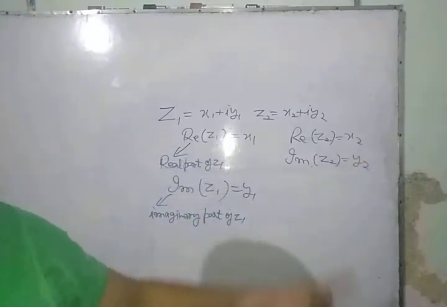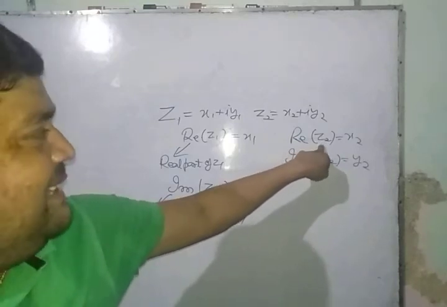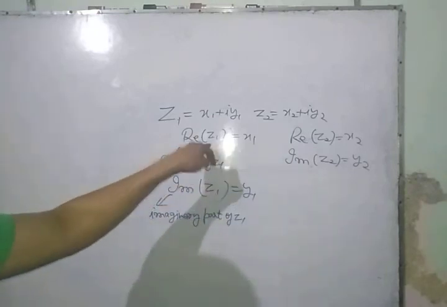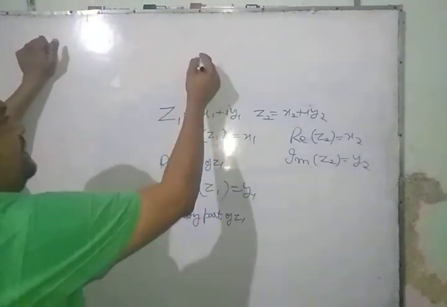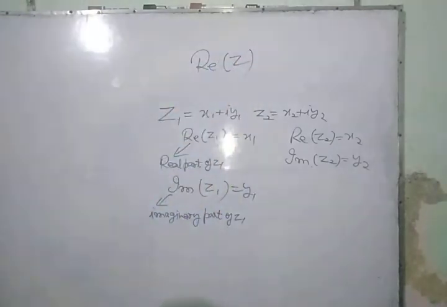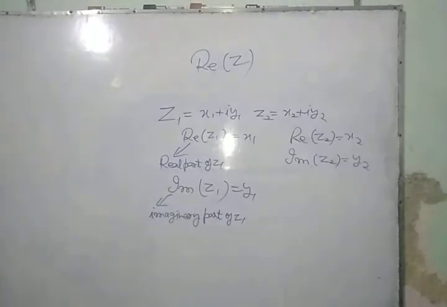Once again, remember that in case of any complex number, the real part of z will be represented as Re z, which means real part of z, and Im z means imaginary part of z. So the real part of z1 is x1, imaginary part of z1 is y1, real part of z2 is x2, imaginary part of z2 is y2.